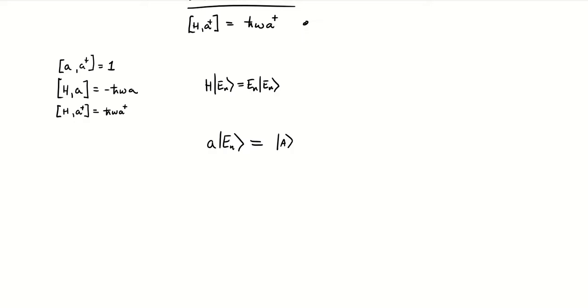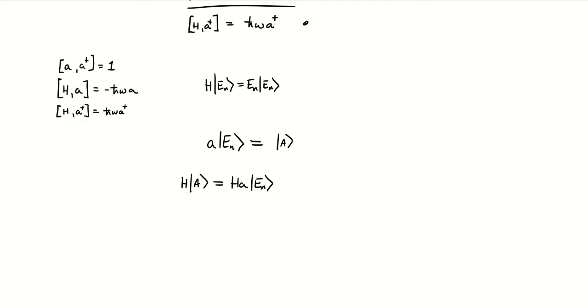And we can ask ourselves, well, what is the Hamiltonian operating on that ket do? So what does the Hamiltonian operating on A behave like? Well, since A is just the lowering operator acting on E_n, it's going to look like this, right?